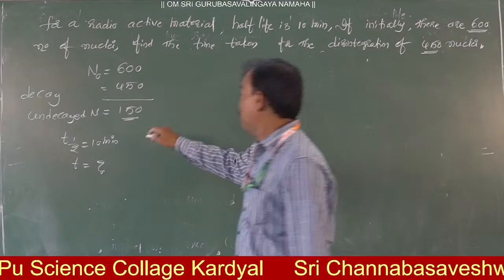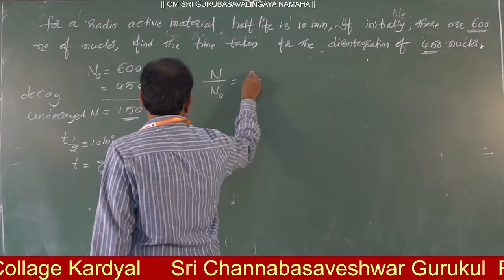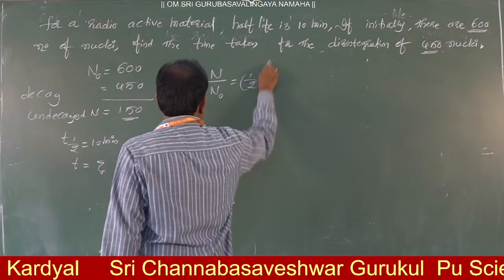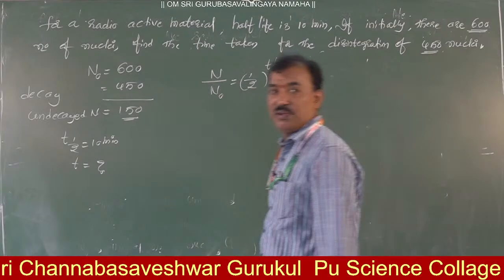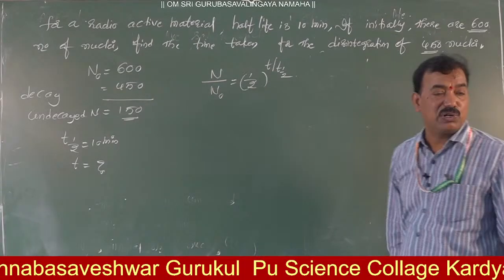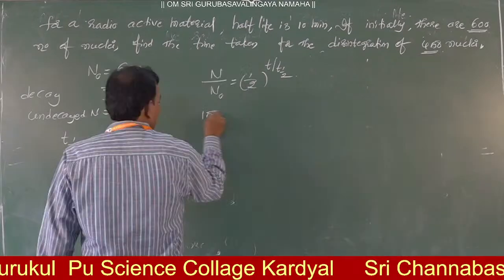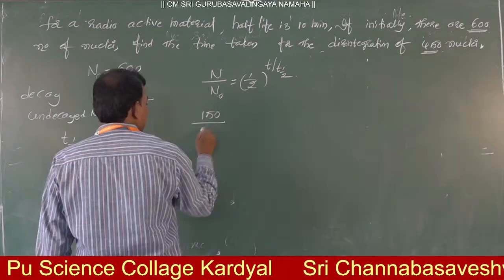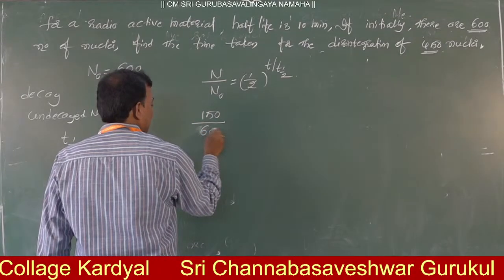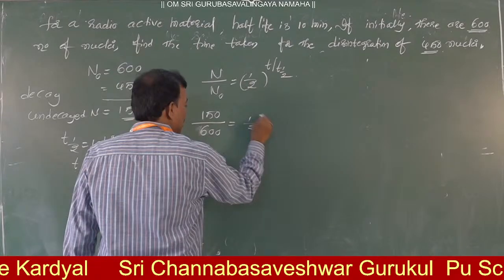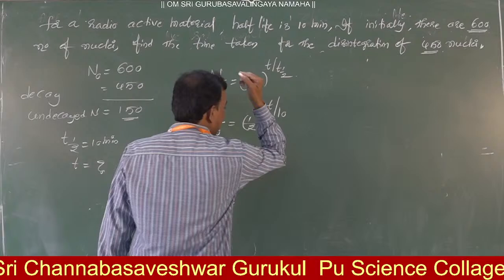N by N0 is equal to 1 by 2 to the power of T by T half. Clear? N is equal to 150, and N0 is equal to 600.